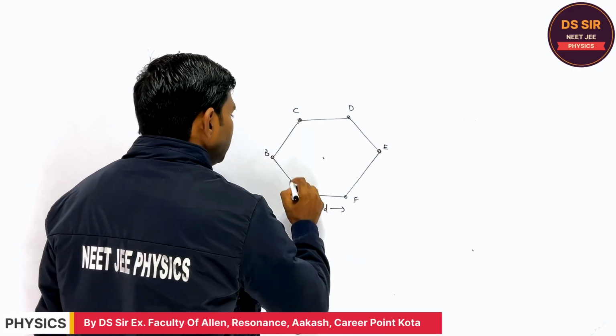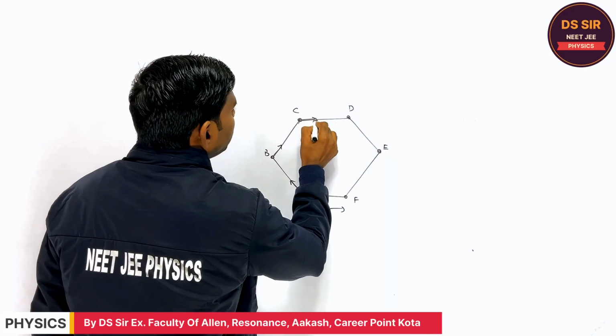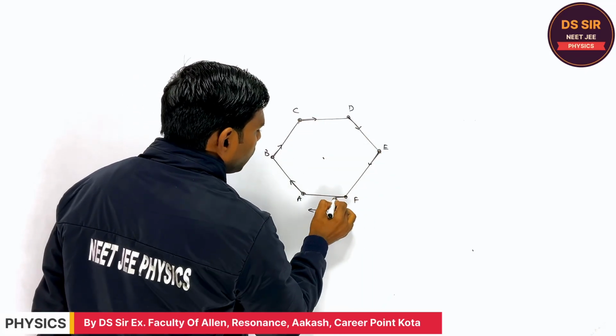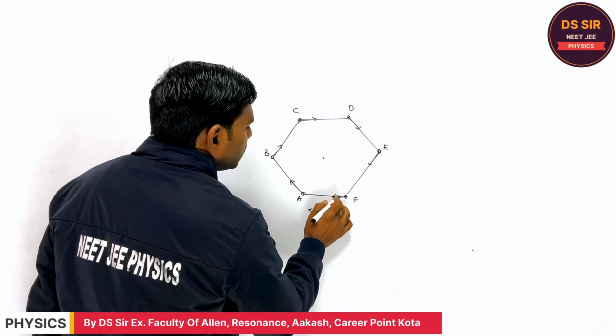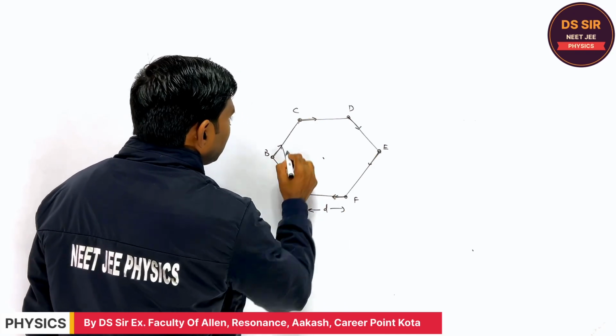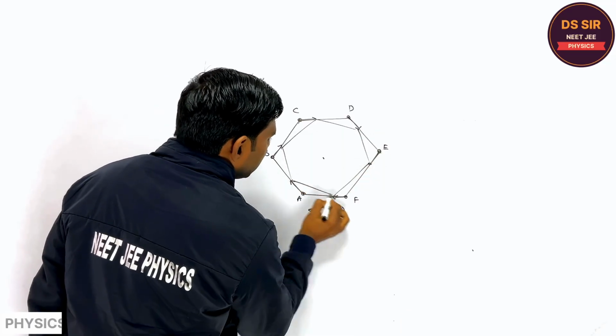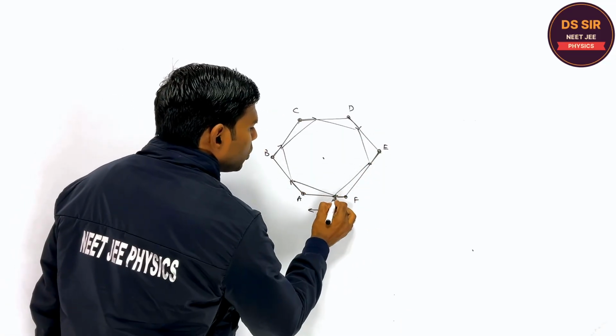This is the v, this is the v, v, A towards B, towards C, D towards E, towards F, towards A. All right. So again, they are on the six corners of the hexagon like this. Is it clear or not, you tell?